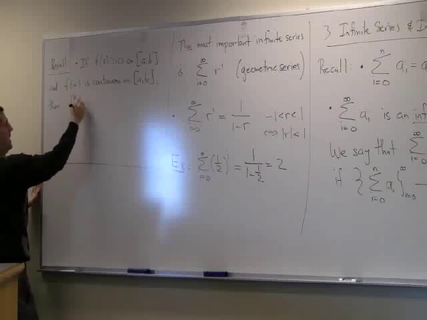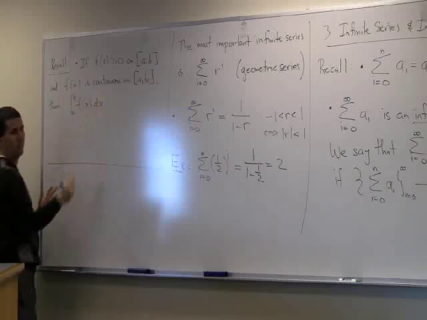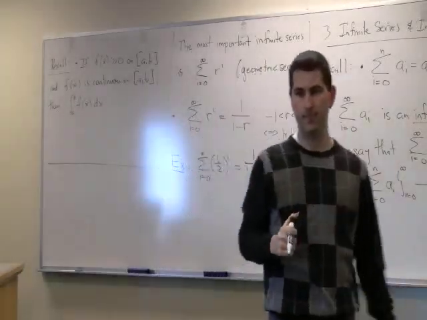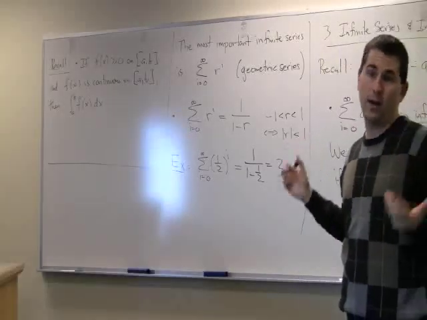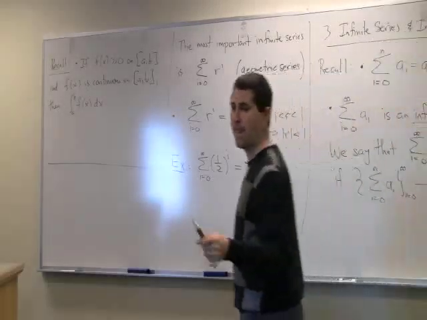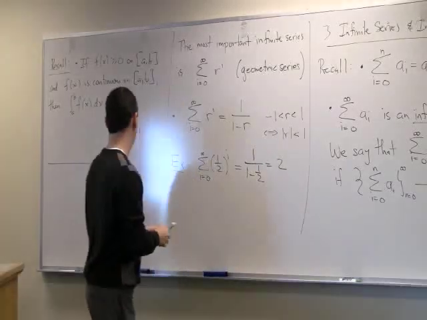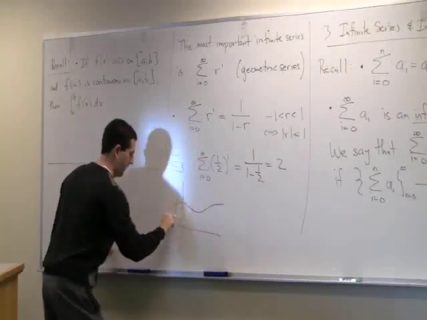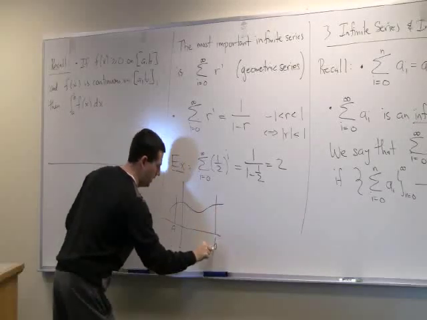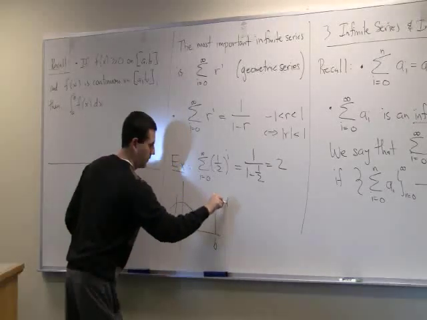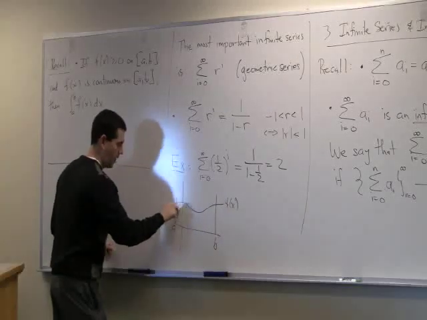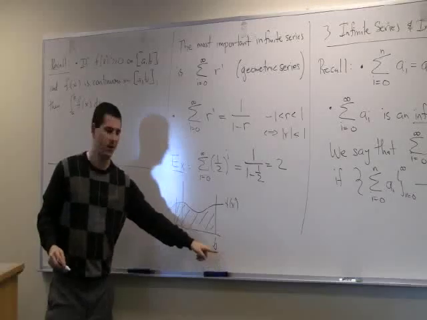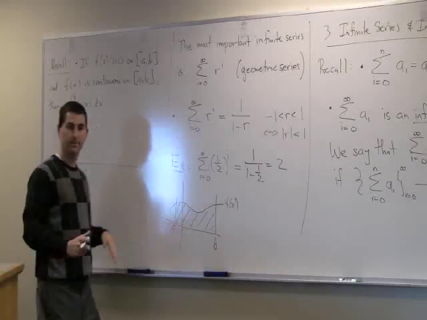And the integral from a to b of f of x dx, what does this represent? It's the area. You have some curve, you have A and B, there's your f of x, and it's the area under the curve between A and B and above the x-axis.